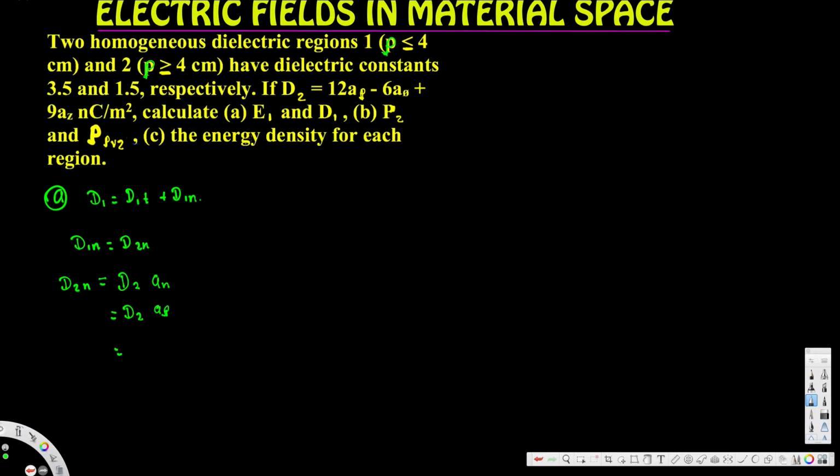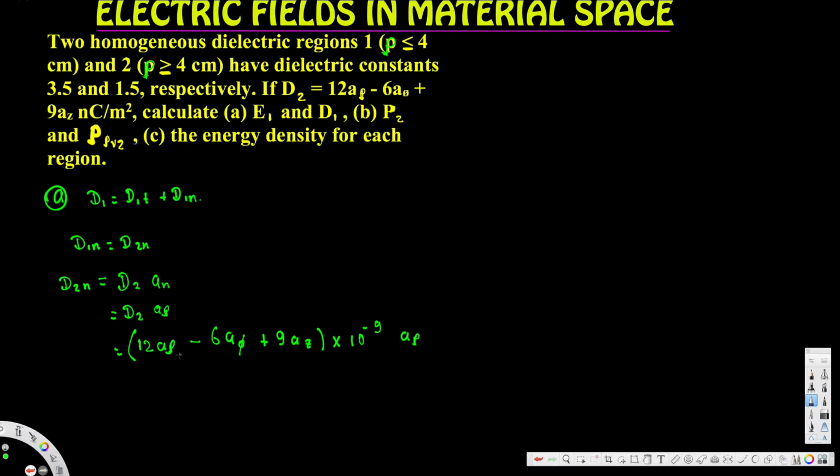And we have the D2 value provided, that is 12 A rho minus 6 A phi plus 9 AZ nanocoulombs per meter square. So let's write this one down right here: 12 A rho minus 6 A phi plus 9 AZ times 10 to the power of minus 9, in the A rho direction.